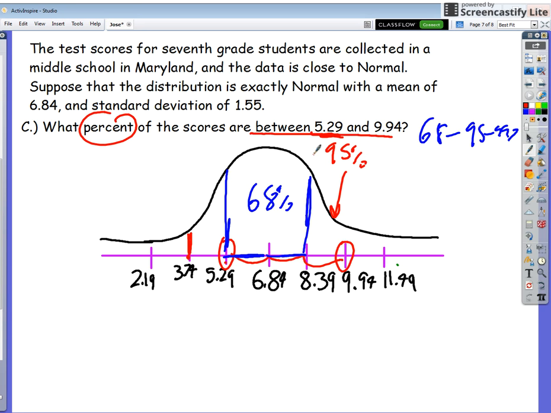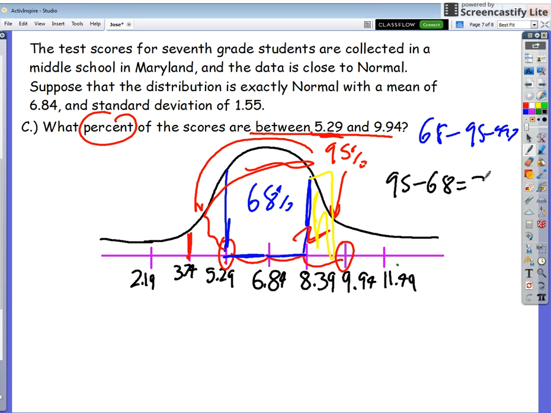So from here all the way to here, including the 68% right here, would be 95%. Knowing that we're only asked for this part, we can subtract 68 from 95, which gives us 27%.